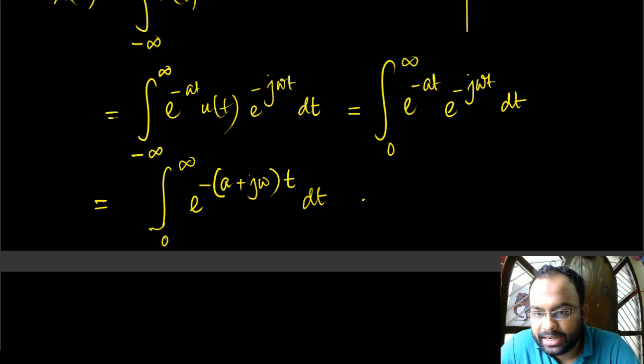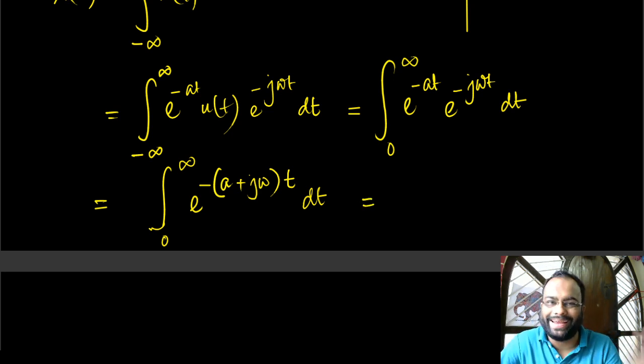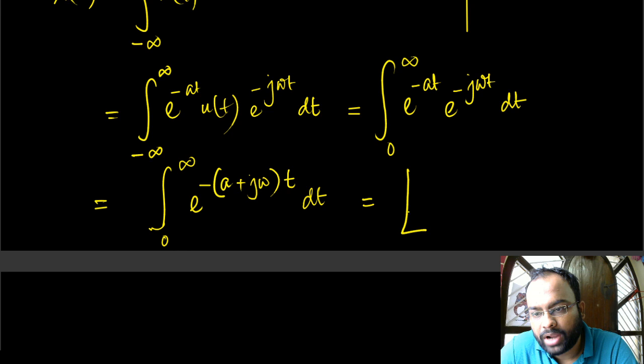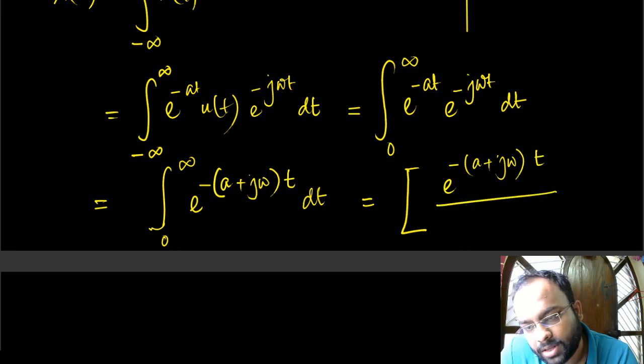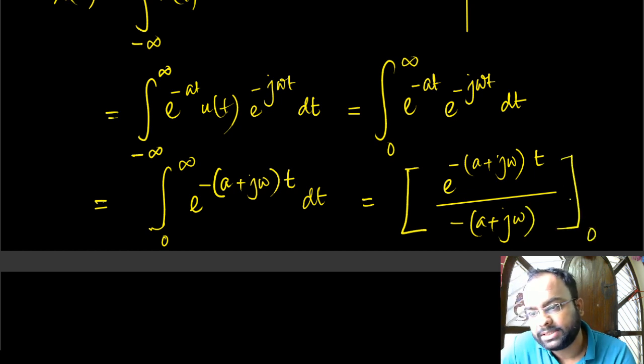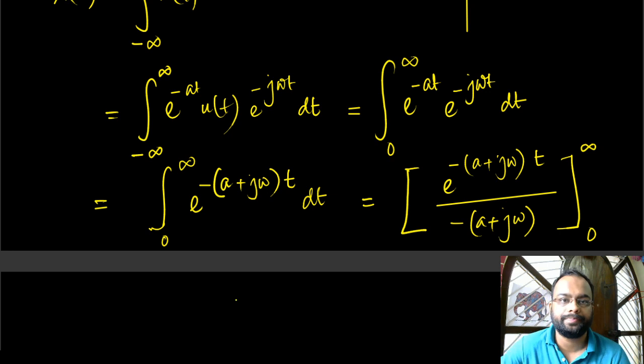With that said, this is like e to the power at, simple, right? So now we can do the integration and then go ahead for putting the upper limits. So I have e to the power minus (a plus j omega) t divided by minus (a plus j omega), and the lower limit is 0, upper limit is infinity.